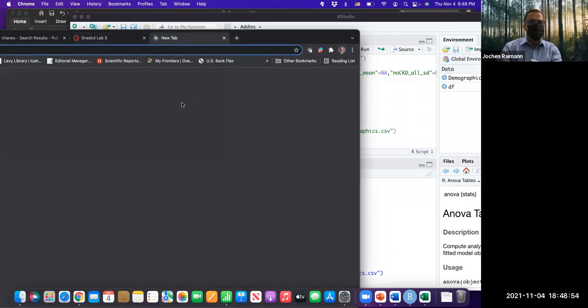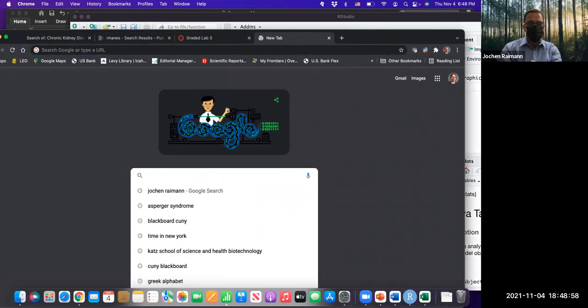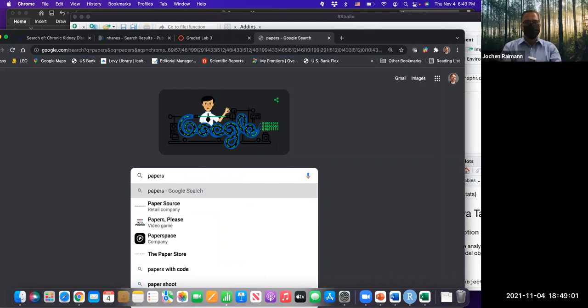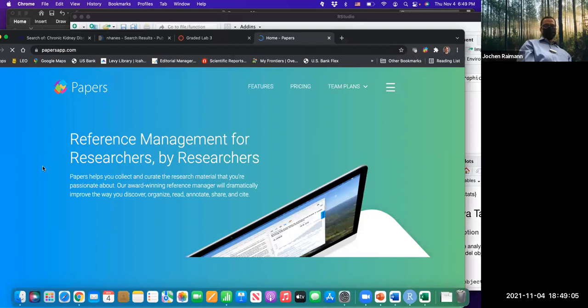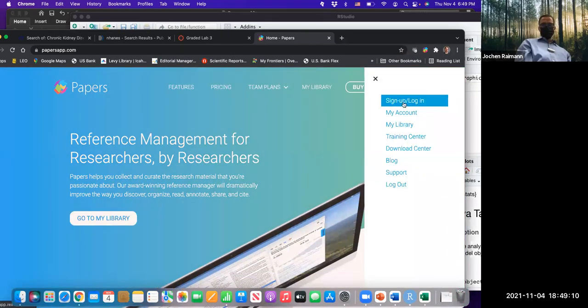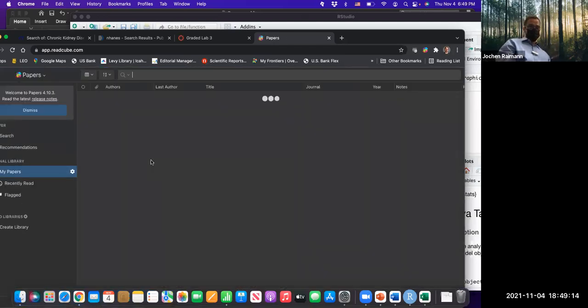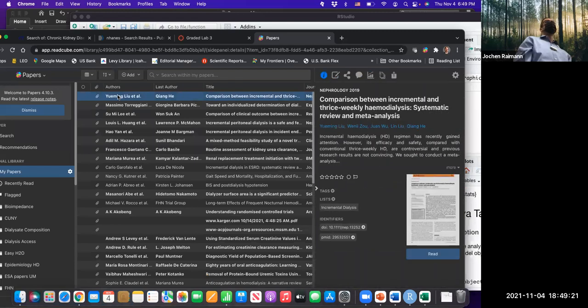Okay, since we're talking about this already, if you're looking for a tool that allows you to organize your publications, I highly recommend Papers. This is from my own world. You basically upload PDFs. It will automatically map and recognize the PDFs and the names.